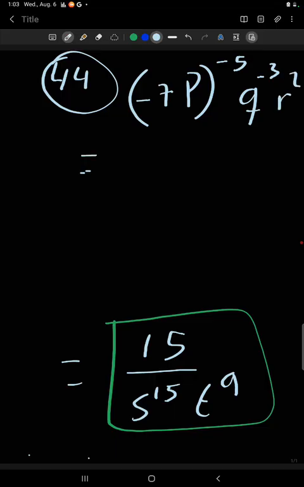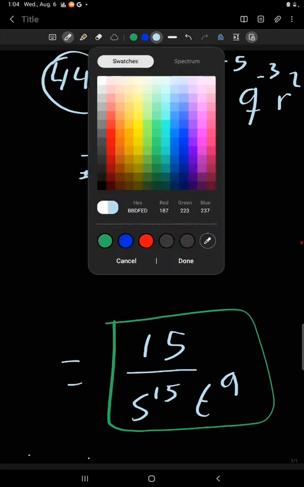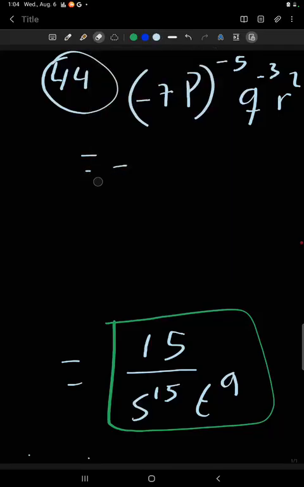Okay, so the power is negative, so the negative remains on the 7. Actually, I'm not going to do it just that way, because I need to flip the thing anyway.